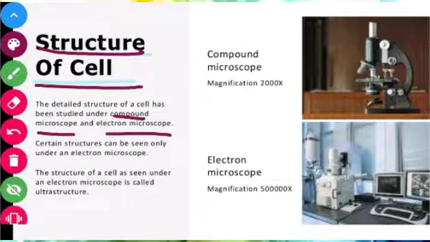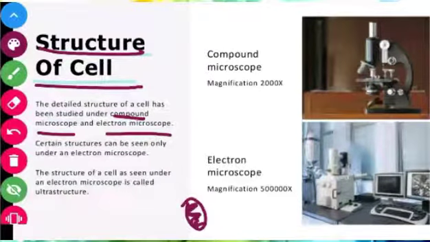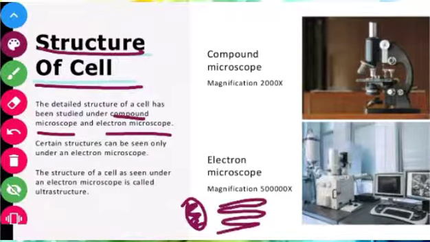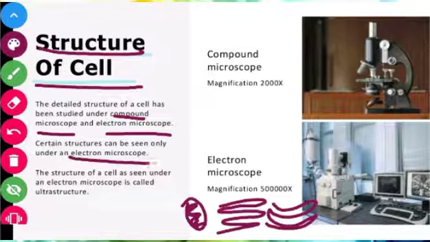Certain structures can be seen only under the electron microscope, for example mitochondria, endoplasmic reticulum and Golgi complex.